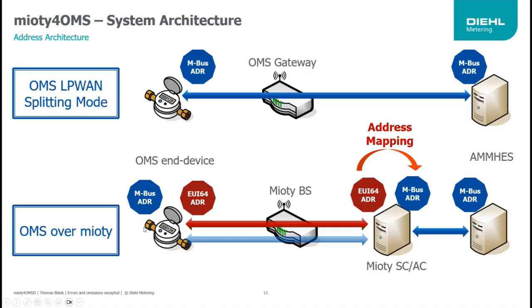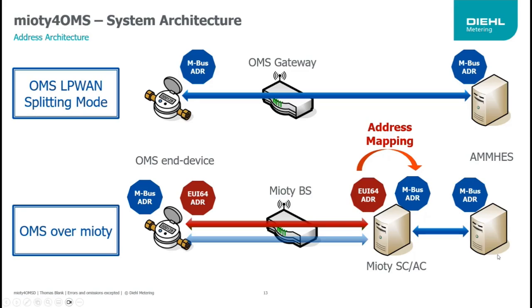Both are contained, at least in the startup frames and installation frames, you must have both addresses, and then this assignment can be done in the mioty service center. And if you then forward the upper layer data to the AMM system, to the backend system, you will just forward the MBUS address, as this system is only aware of the MBUS addressing.